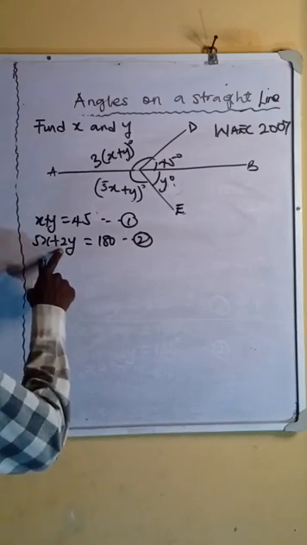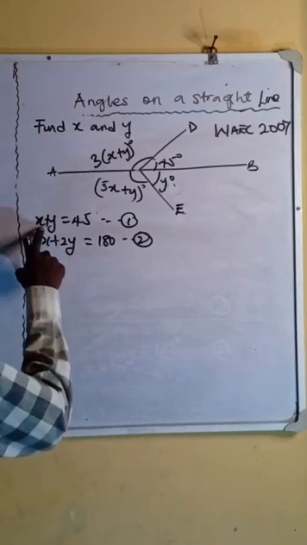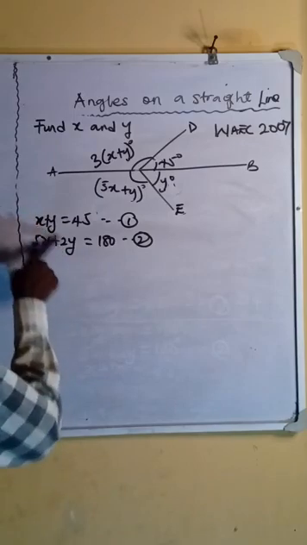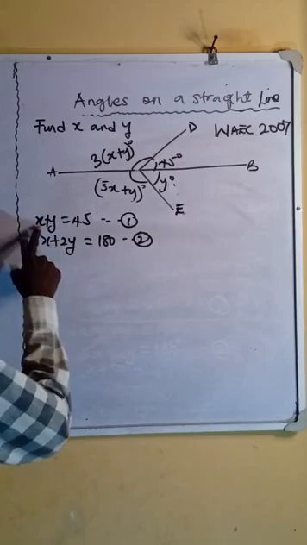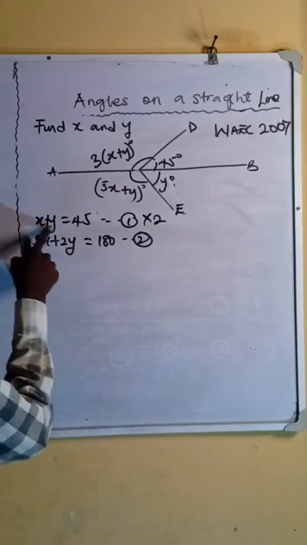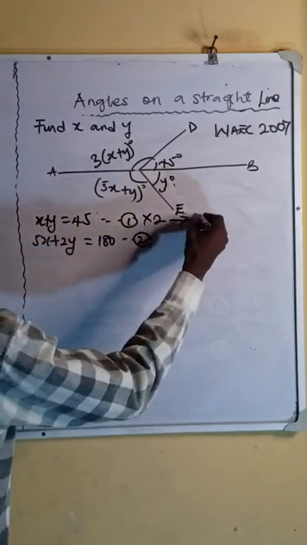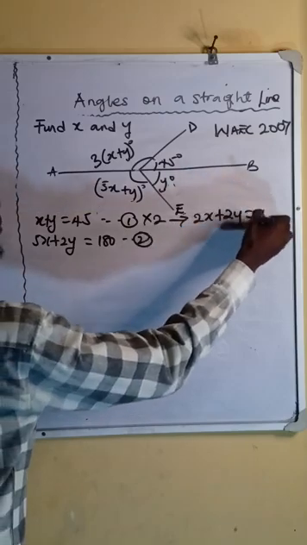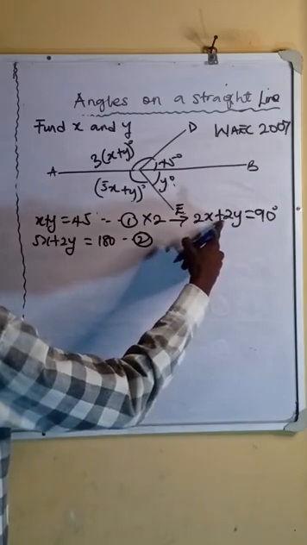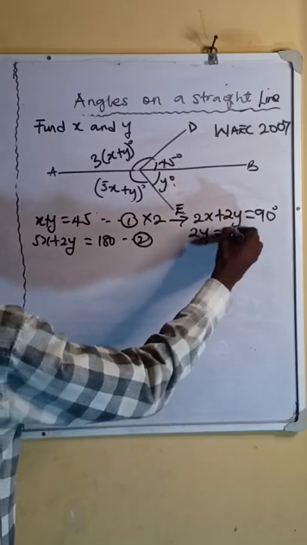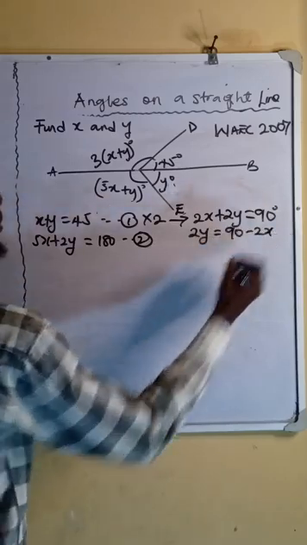Now, if I have 2y here, I want to find x first. So I will have to eliminate 2y. How would I eliminate 2y? I multiply equation 1 by 2, so that I will have 2x plus 2y equals 90. Such that if 2y becomes the subject, I will have 2y equals 90 minus 2x.